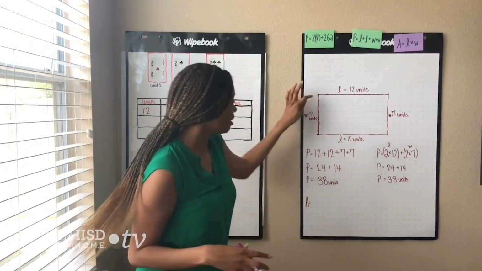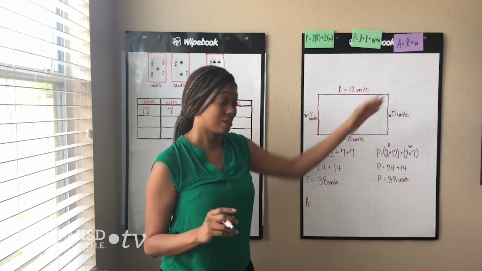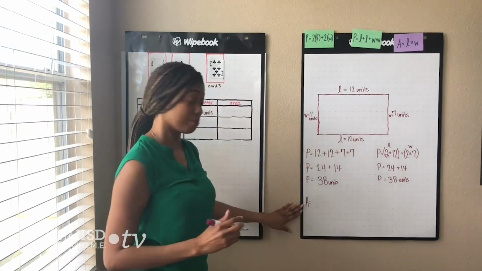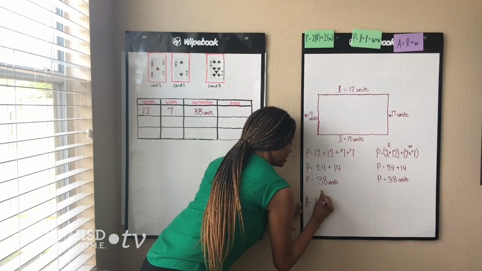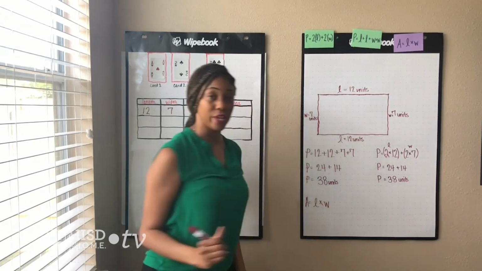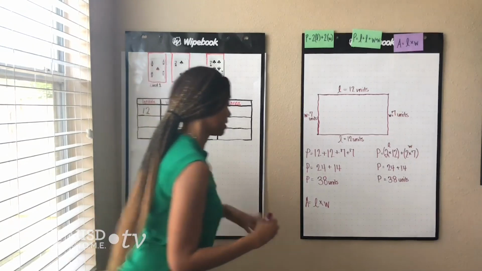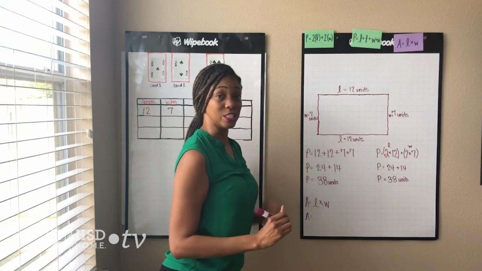And so instead of counting each one, there's a faster way, and that's using a formula where we could do length times width. So for my formula, I'm going to put area equals my length times my width. And so now I'm just going to plug in the numbers that I have. Area equals length, which is 12 units.